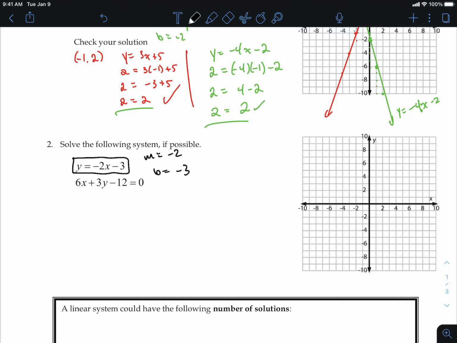I start at -3. And my slope is going to be down 2, right 1. Okay, or up 2, left 1. Okay, we can connect those.